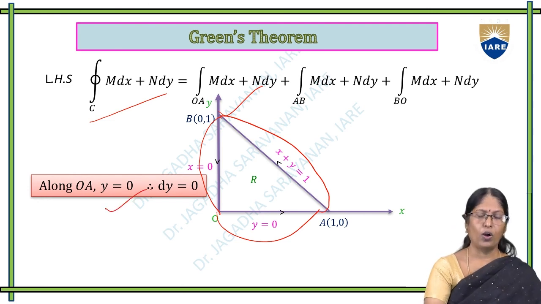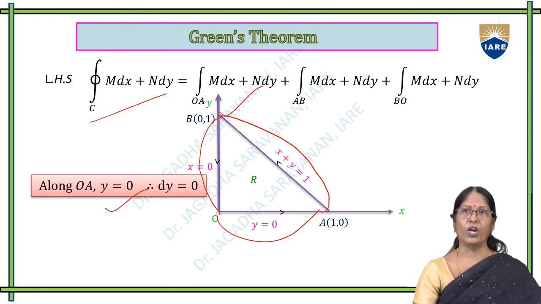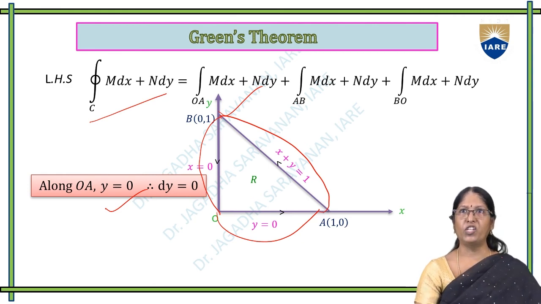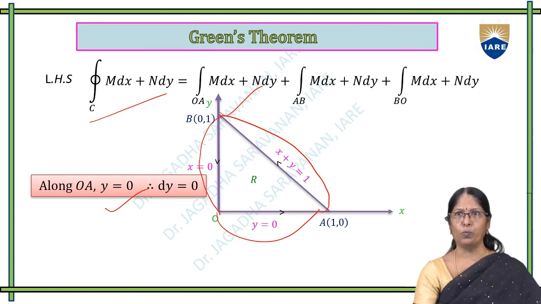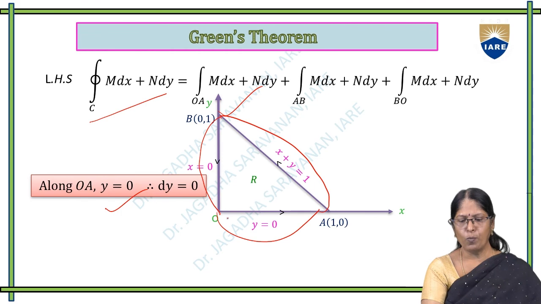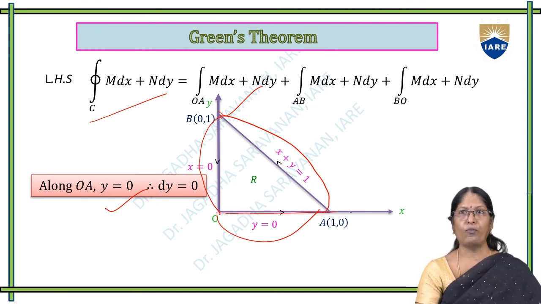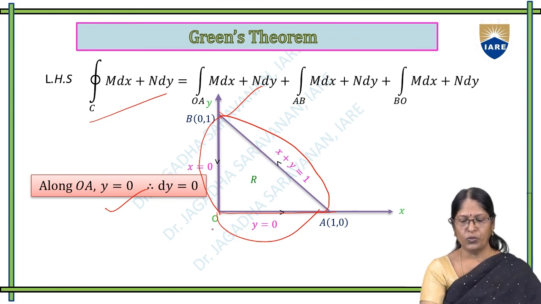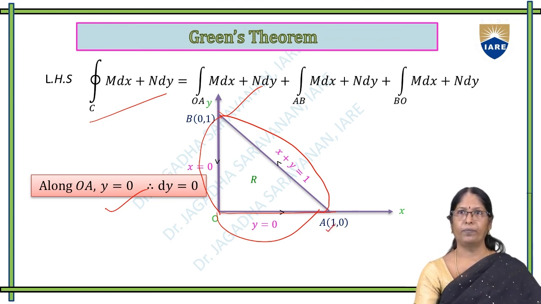Now along OA we are going to calculate. When the particle moves from O to A, it moves in the X direction. So X varies from 0 to 1.